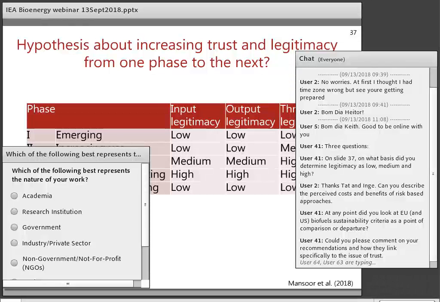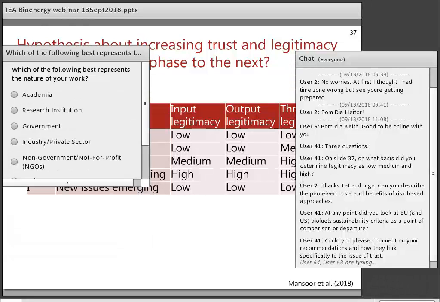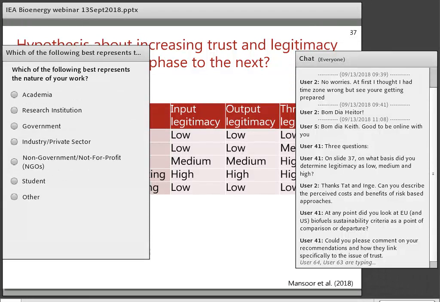Yeah, so the point you're making is this is a hypothesis for the way this would work, and that we could drill into that. I was wanting to maybe work through some more of Rob's questions. Rob, you had a question here about whether we're directly comparing the EU with the U.S. biofuel sustainability criteria in this project.